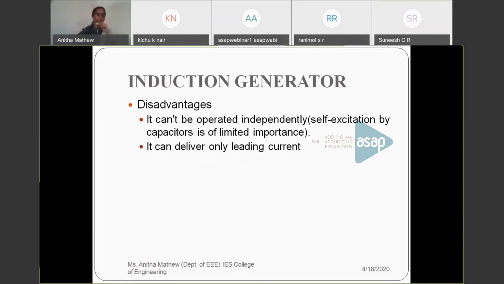Although we have said there is a type called self-excited induction generator, it is of limited use. It can deliver only leading current, but in most situations lagging current is required. So this is also a disadvantage.